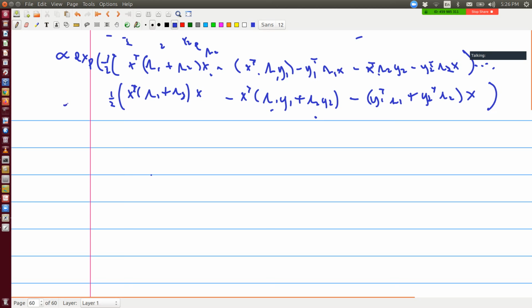So I have exponential minus something like that. Now I need to complete the square. I want something like x minus something, multiplied by something, times x minus something transpose, equal to this guy here, more or less.